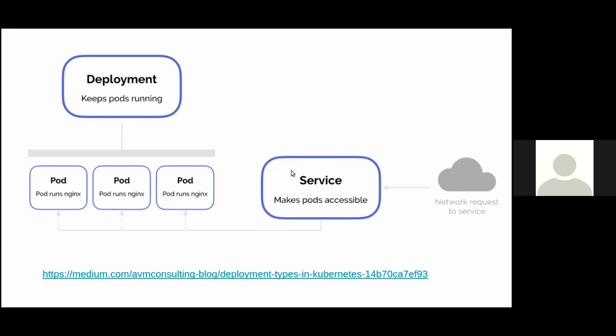There is also a service descriptor, which will create the service through which you can access the pods. Within the deployment, you can specify 3 or 4 pods for high scalability. So one application can have 3 or 4 replicas in the same cluster. This is done to make the application more scalable.